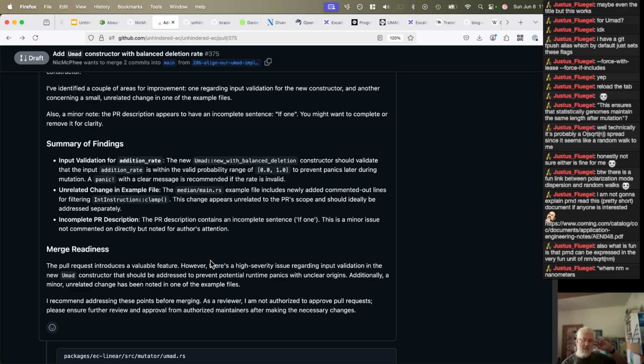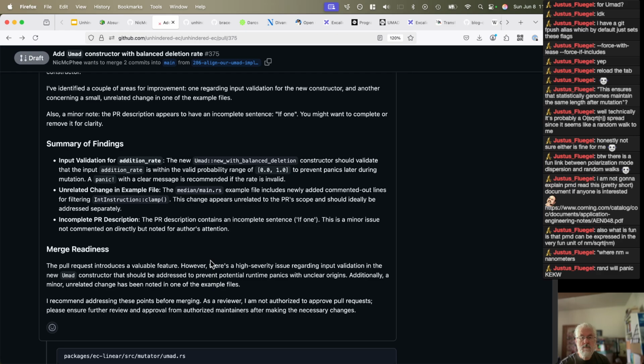So we don't actually check that those are legal probability rates anywhere in the UMAD or probably any of the other operators. I don't think we ever check any of that. Rand will panic, so we don't have to panic because Rand will do the panicking for us.